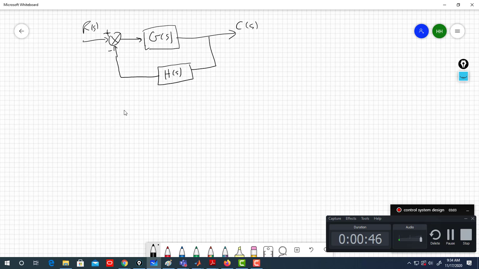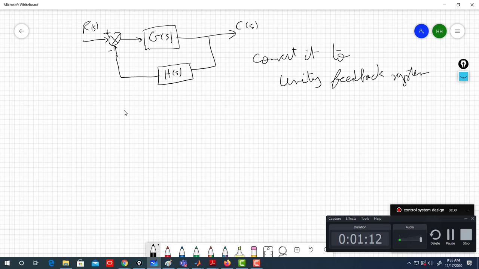So your exercise is, you need to convert it to an equivalent unity feedback system.